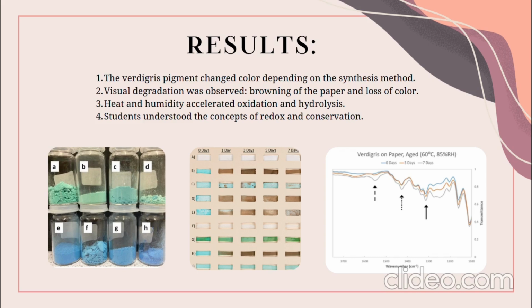Effects of accelerated aging: the pigmented paper showed discoloration, browning, and brittleness, in contrast to the unpigmented papers. These changes are due to the oxidation of the cellulose and the oxidation of the degraded pigment.